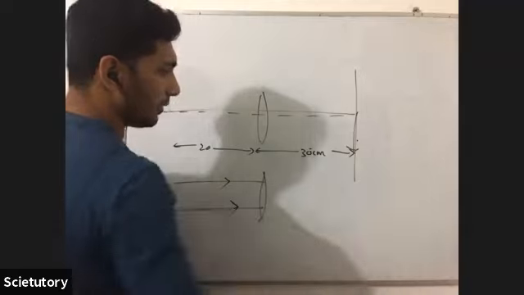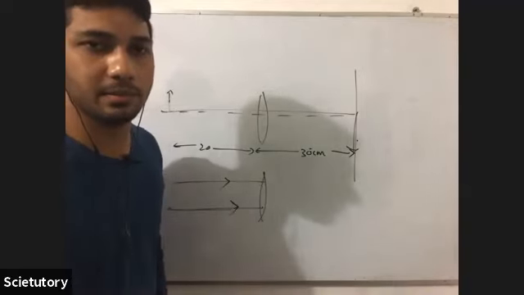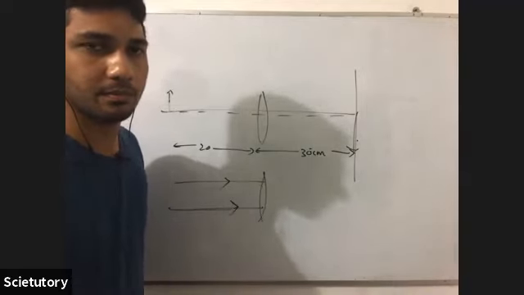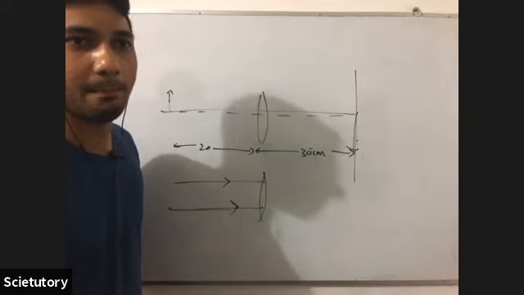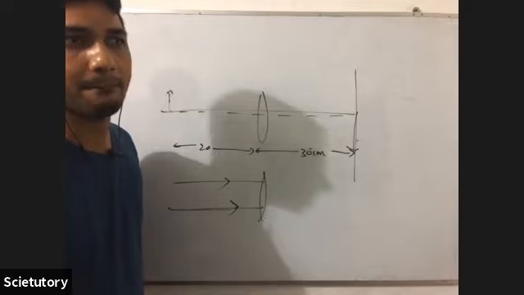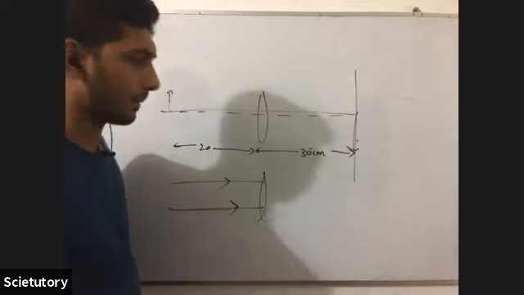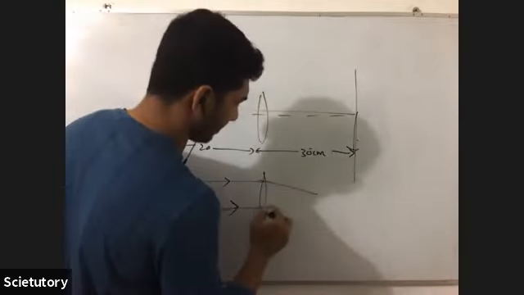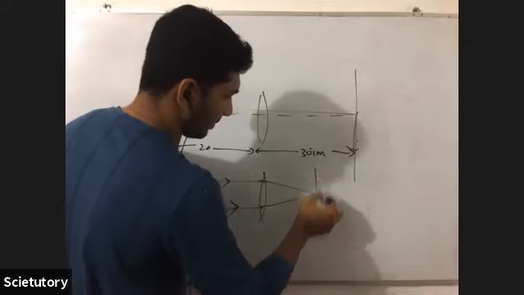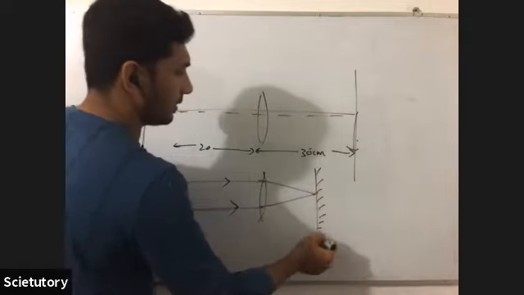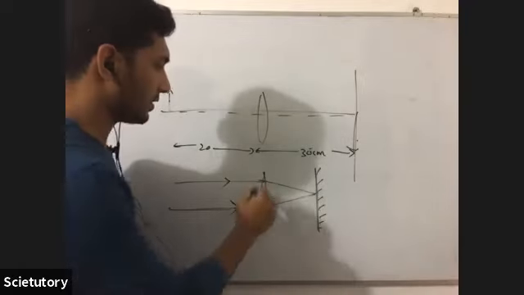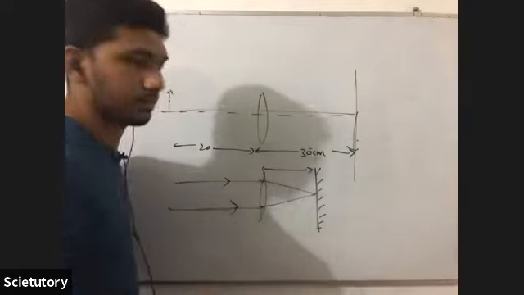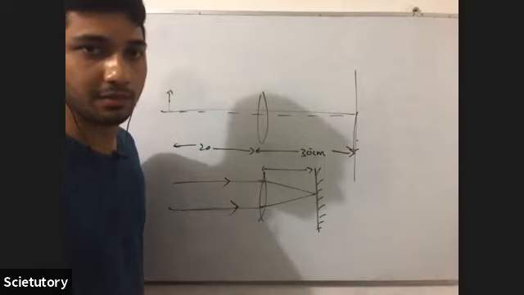So then where do you get the image? Focal point. Yeah, focal point. So this is where the screen should be kept. So you should find the focal length.